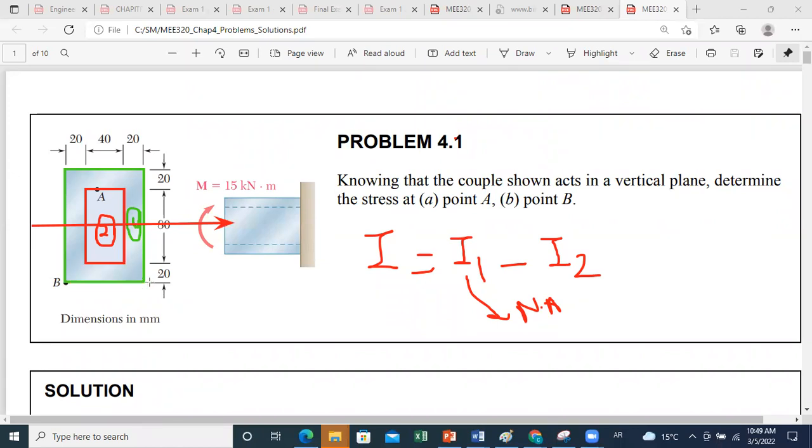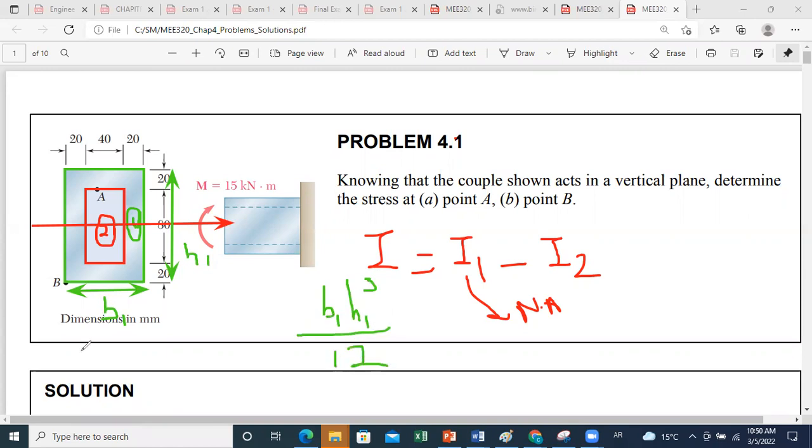So let us say for our rectangle 1, we'll put the dimensions in green. This is b1 and this is h1. Then we can write that I1 will be equal to b1 times h1 cube over 12.